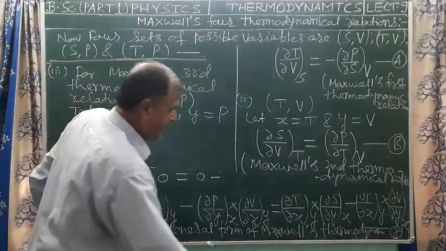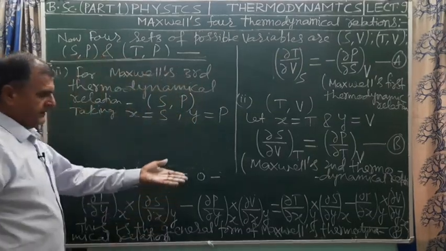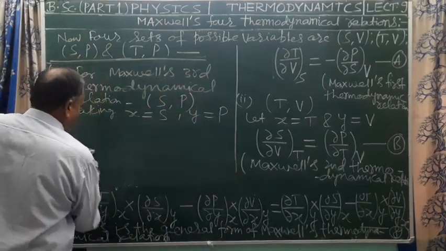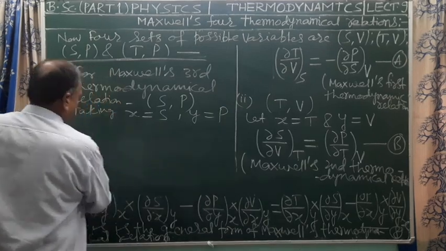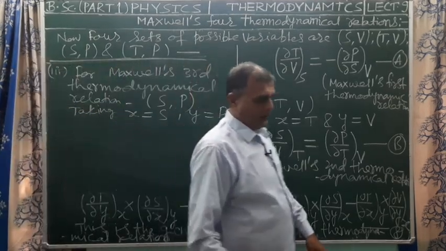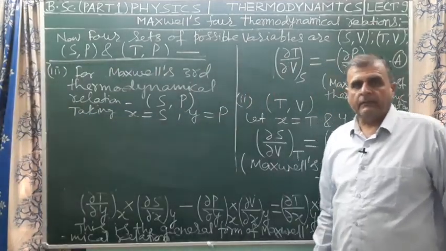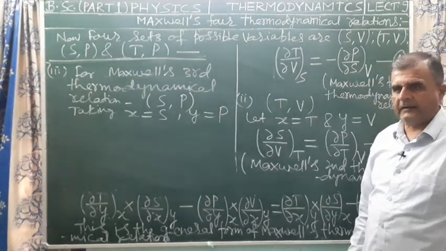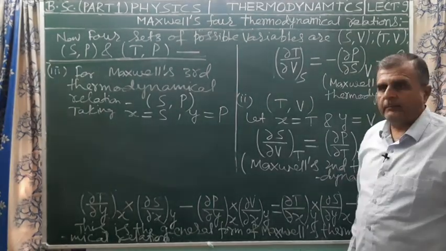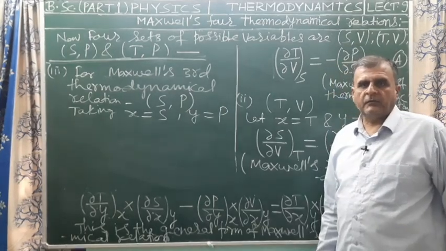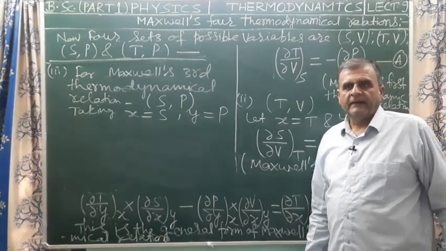Substituting those values in relation 8, the general form of the Maxwell thermodynamical relation, we obtain Maxwell's third thermodynamical relation, which is del T upon del P at constant x equals del V upon del S at constant pressure.